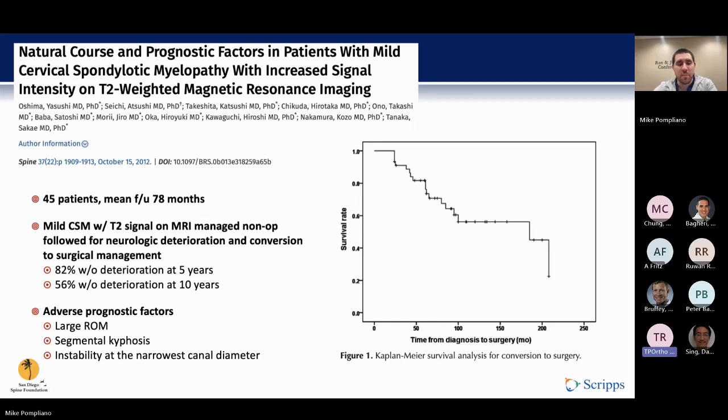So that may put a little pause in terms of counseling patients in clinic. The problem is you can't really predict who is who in that equation. They found adverse factors in an attempt to make that prediction, being large range of motion with respect to the cervical spine, segmental kyphosis, and then instability at the site of maximal stenosis.